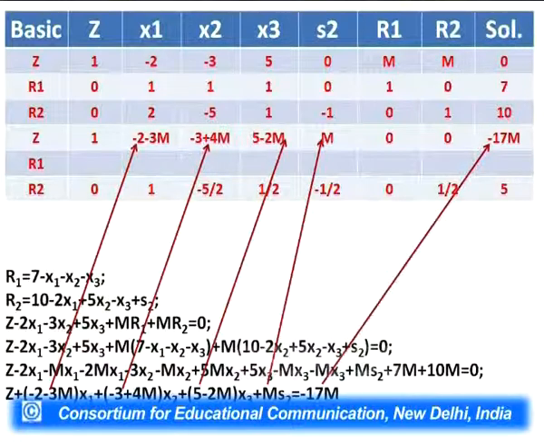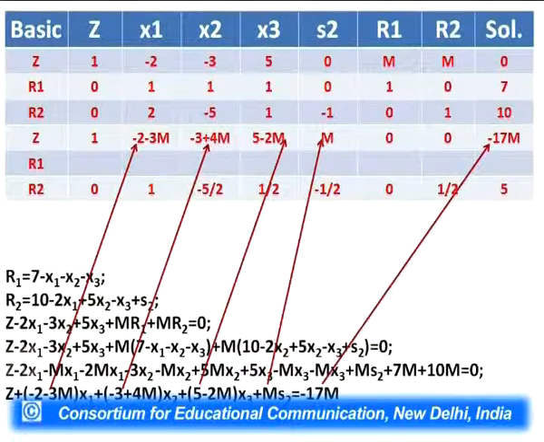That equation is what has been given at the bottom. The first value is the coefficient of x1 in the z row, and that has been added here under x1, because x1 had a coefficient of minus 2 minus 3M, that has been written under the x1 column. And similarly for x2, minus 3 plus 4M has been added in the column which has the variable x2.